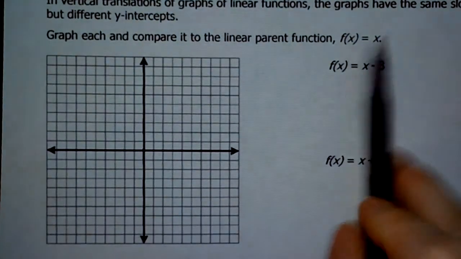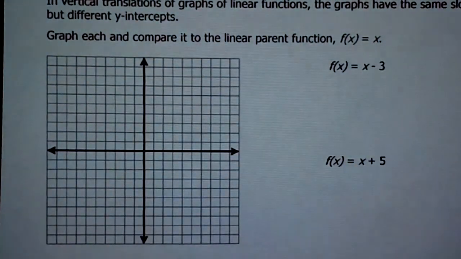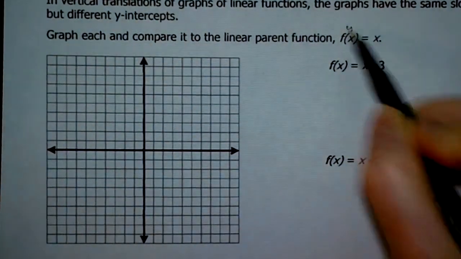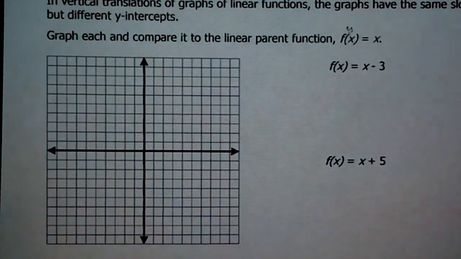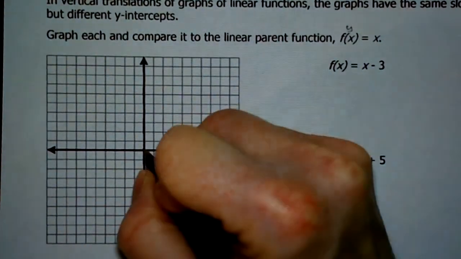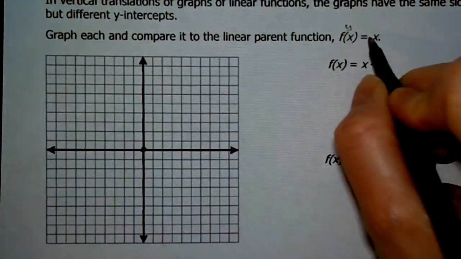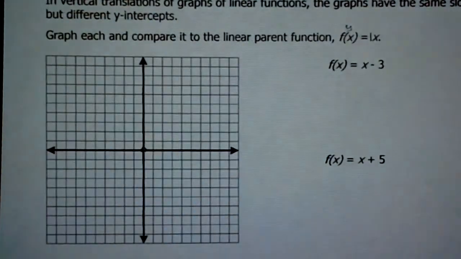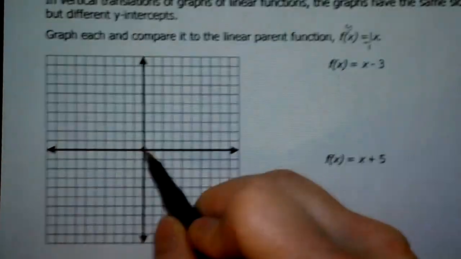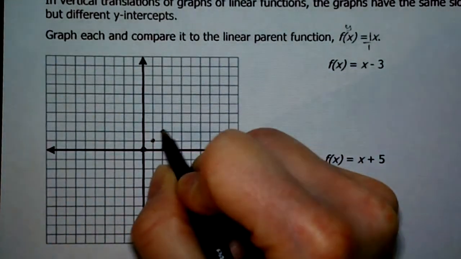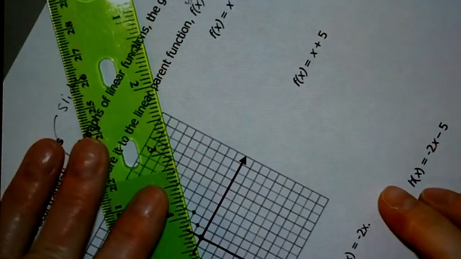So let's graph this. That's what it says to do first. If you're graphing f of x equals x, again, this just means y. You know how to graph y equals x. It starts at 0, 0, because there's not a plus b, and when nothing is added, that's your y-intercept. And the number in front of the x is a 1 when you don't see a 1. So this means from here I go up 1, right 1, up 1, right 1, and graph my line.